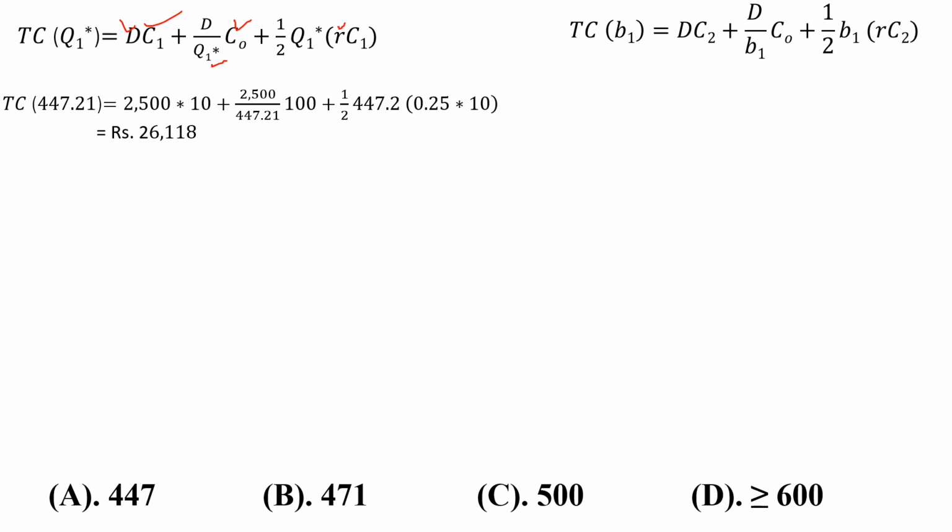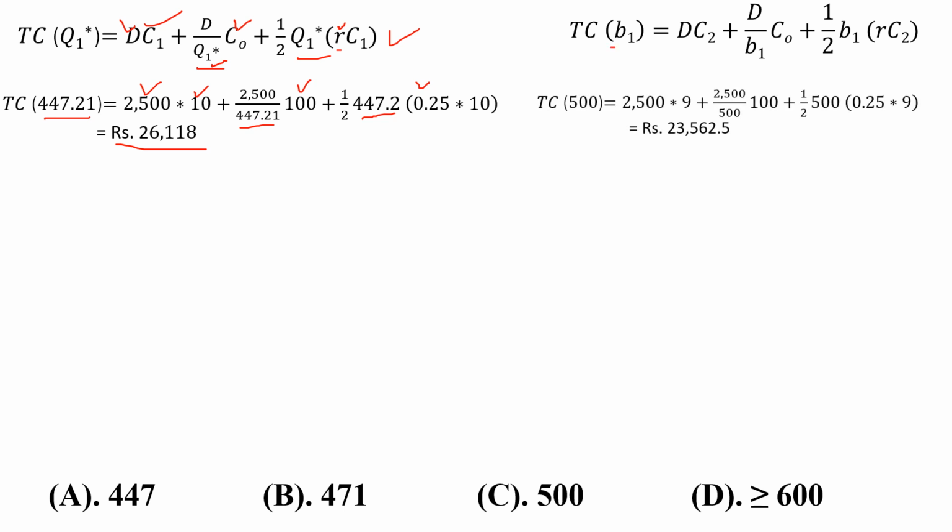Substituting, the total cost is 2500 into 10, plus 2500 divided by 447.21 into 100, plus 1 by 2 into 447.21 into 0.25 into 10. Here C1 equals 10. Substituting all values, we get the value as 26,118 rupees.